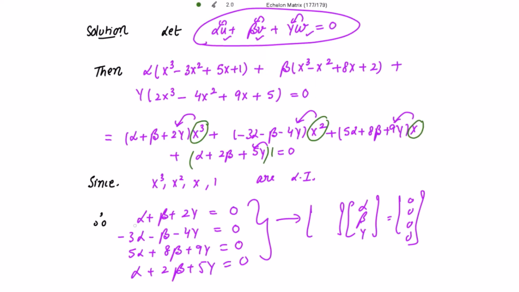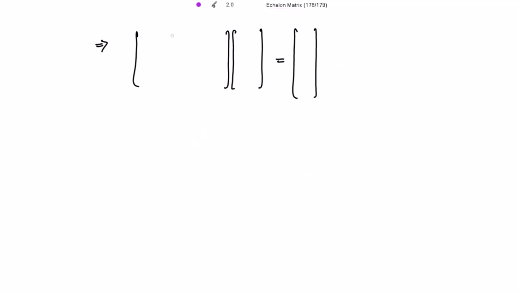Okay. So the first row becomes 1, 1, 2. Then minus 3, minus 1, minus 4, right? So this is 1, 1, 2, minus 3, minus 1, minus 4, and then 5, 8, 9, and then 1, 2, 5. Writing here alpha, beta and gamma, and here 0, 0, 0, 0, because we have 4 linear equations.